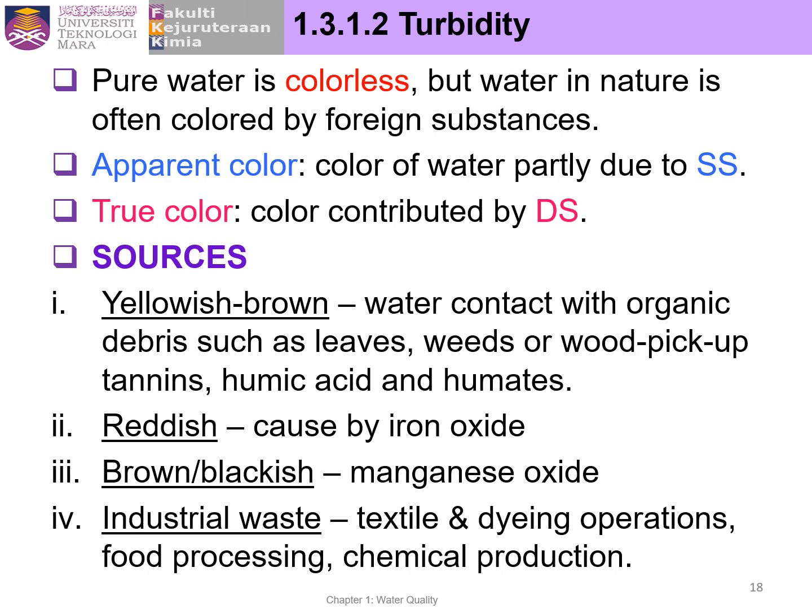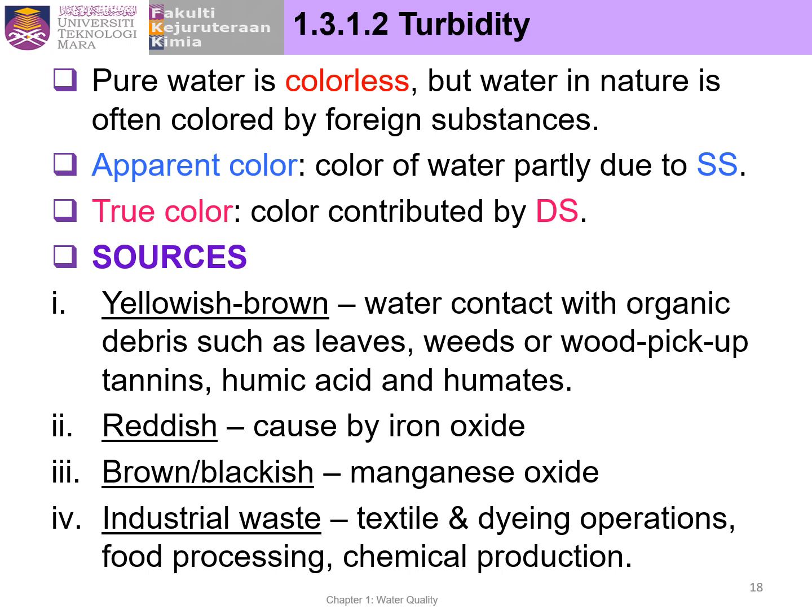But when you have wastewater which is darker, we can measure the turbidity. The apparent color of water is partly due to the SS, suspended solids. The true color is the color contributed by the DS. So these are the sources of the turbidity. Sources means what is the indicator of turbidity?